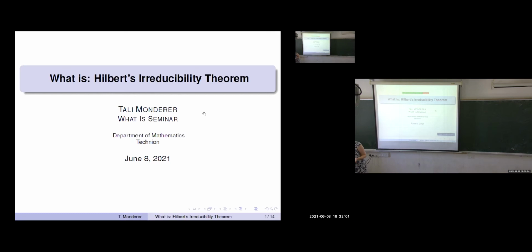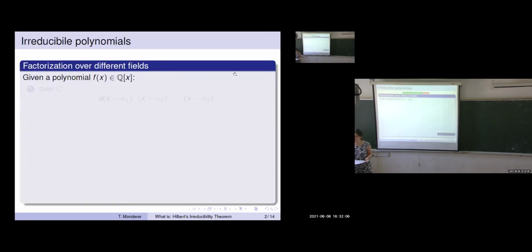Let's start with the word irreducibility. Hilbert's irreducibility is about irreducible polynomials. So let me remind you what an irreducible polynomial is, in case you don't spend your entire workday surrounded by them. Suppose we have a polynomial with rational coefficients. If we're allowed to factorize it over the complex numbers, it has n roots, and we can write it as a product of linear factors.